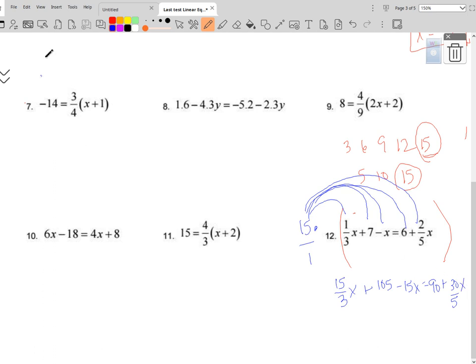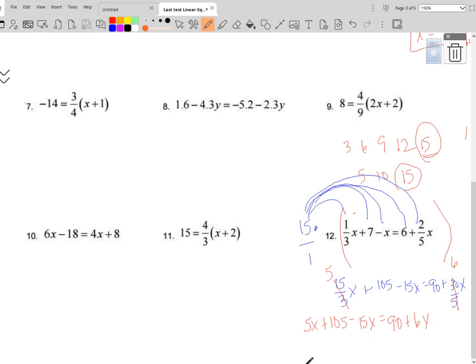So right now you're thinking, listen, you did not get rid of any fractions. But remember, we just didn't simplify them here. That is 5. This is 6. So really what we have is 5 times x plus 105 minus 15x equals 90 plus 6x.